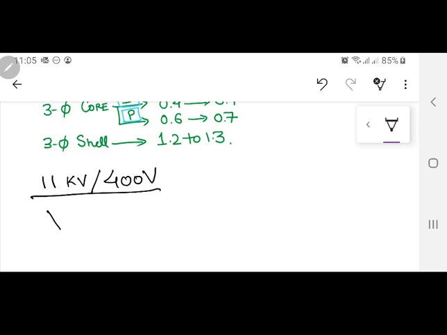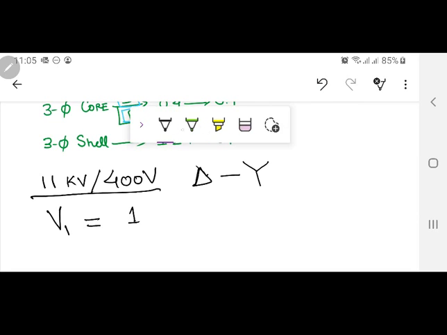So supposing you want to find out V1, what is V1? I told you V1 was the high voltage winding, and since this is phase voltage, it depends on the connection. On the 11 kV side you have delta, and on the other side you have Y. When you have 11 kV in delta, the phase voltage and line voltage are the same.